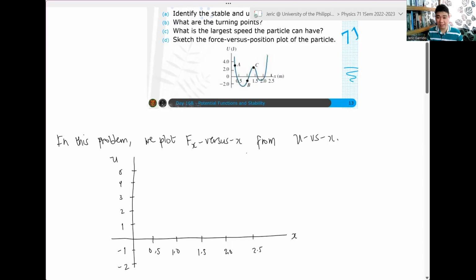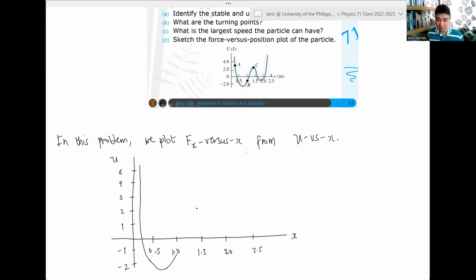Okay, tapos ang nangyari, when you draw it, something like this. And then lalagpas siya ng konti, no? Tapos at 1.0, babalik na siya at 1.0. Tapos aangat siya in between 1.0 and 1.5.